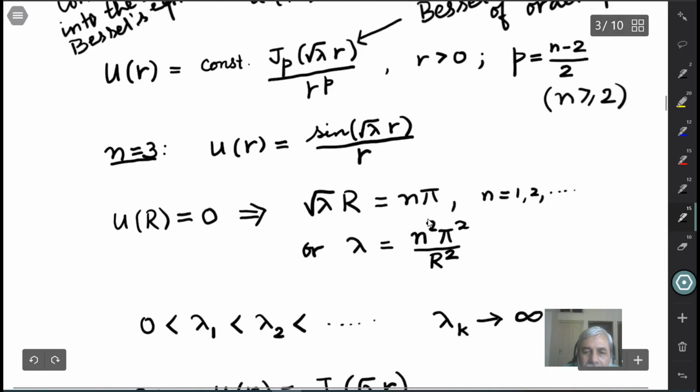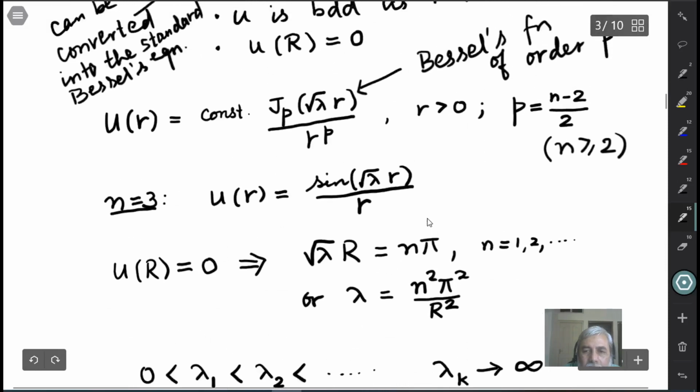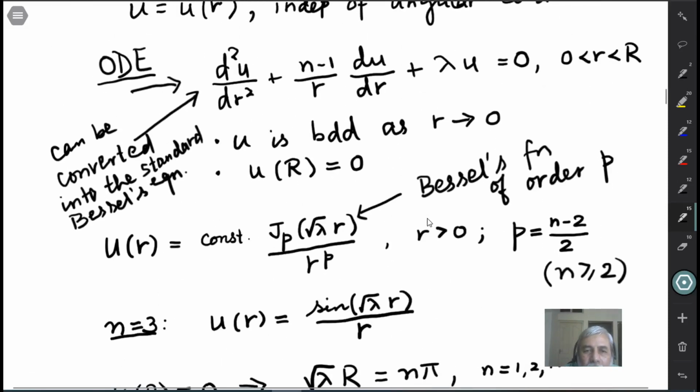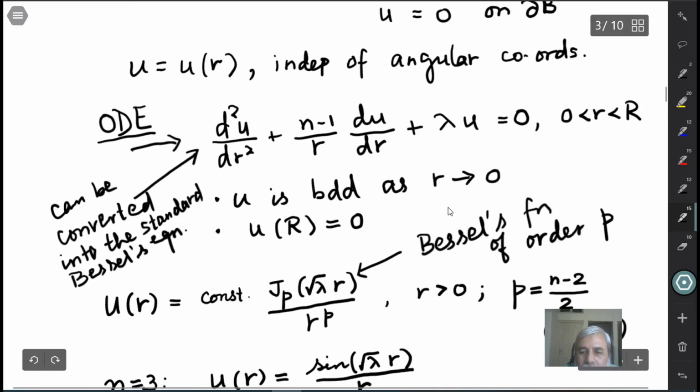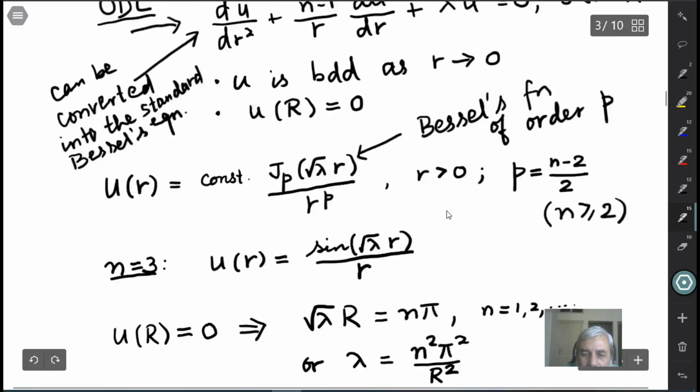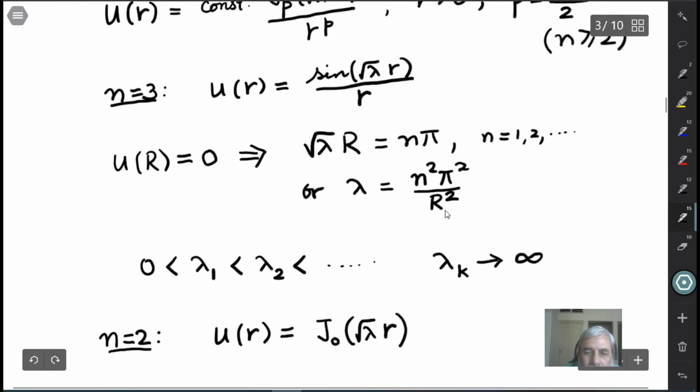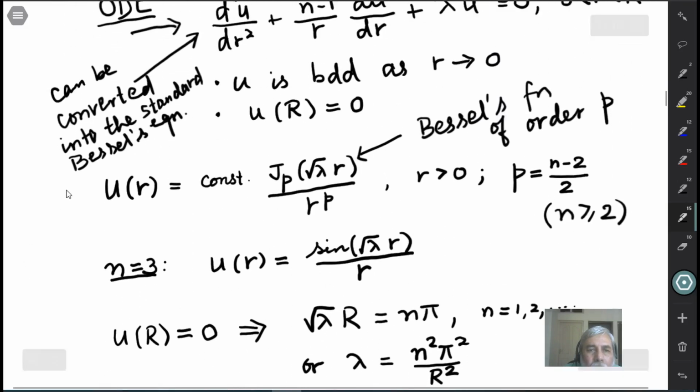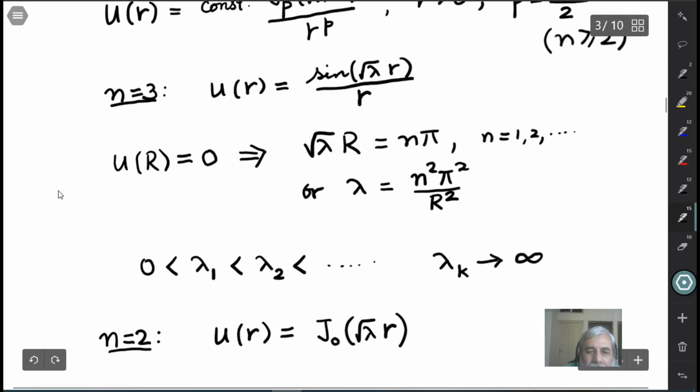And of course you can still ask what about the non-radial solutions and other things. I will not go into that. Okay, but at least what we have obtained here is, there is a sequence of positive real numbers, lambda 1, lambda 2, lambda k, and lambda k tending to infinity.